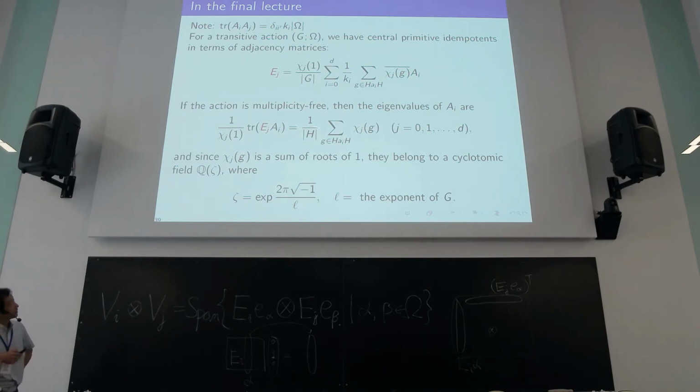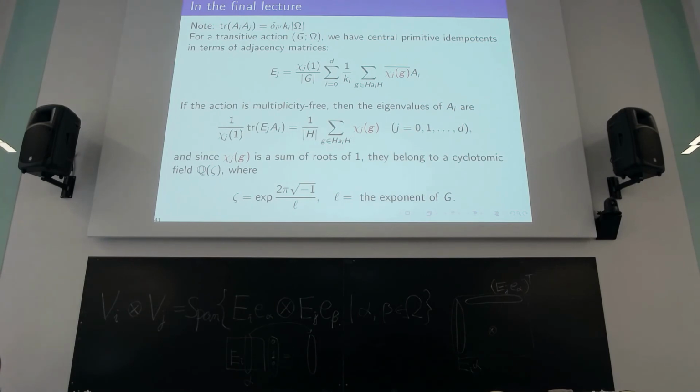So computing this really gives a very simple formula. The eigenvalue of the adjacency matrix is this sum of all these character values divided by the order of H. So definitely this is a sum of roots of unity. But this argument works only when we have this formula, that is, only when we have characters of a finite group, and it doesn't work if we don't have a finite group.